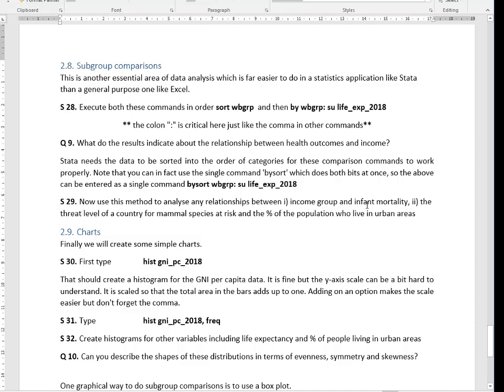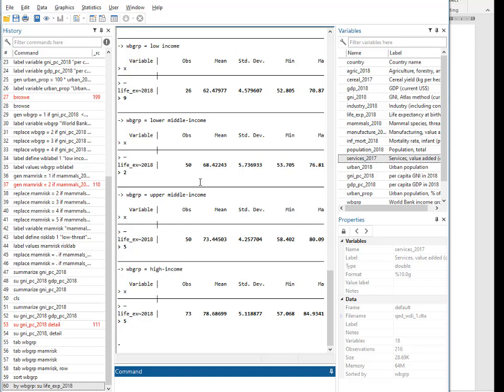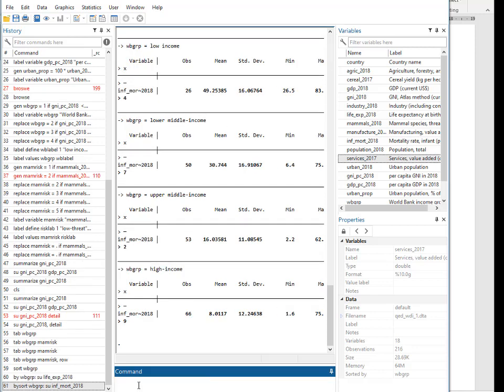So we're going to look at income group and infant mortality. So it's just this part of the command. So there's levels of income.